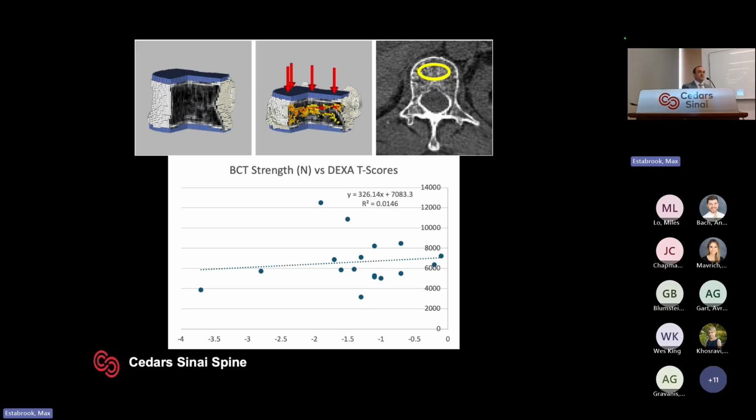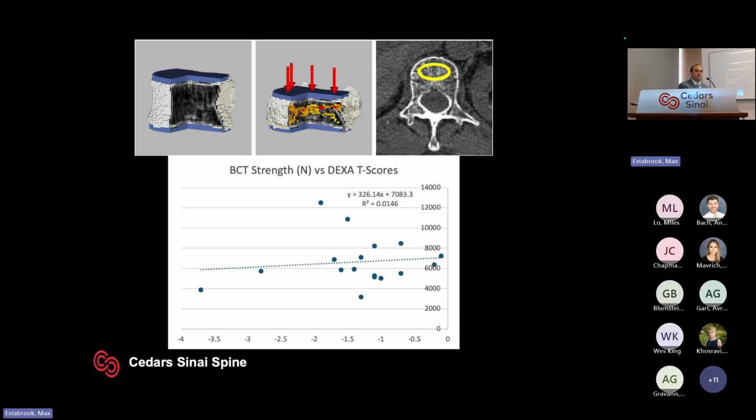And by the way, BCT is FDA approved. So actually Medicare will pay for it, and you can use that to justify medications preoperatively. So if you have a patient who is failing to meet the kind of DEXA qualifications, but you can tell on CT that they're clearly osteoporotic, you can actually send this to them.